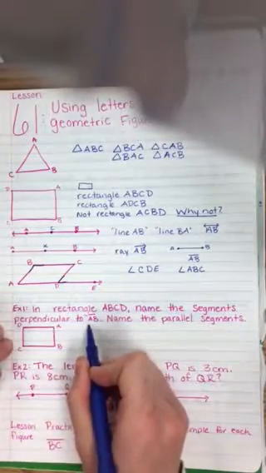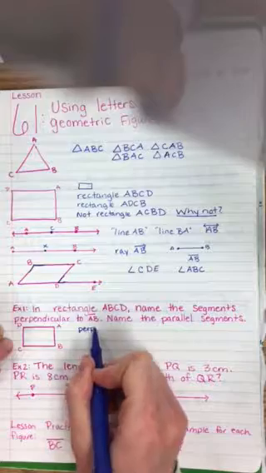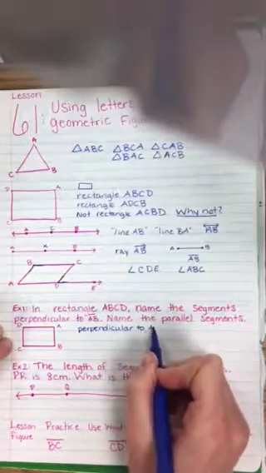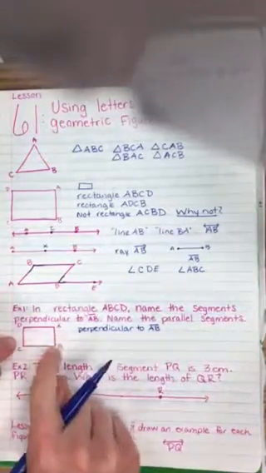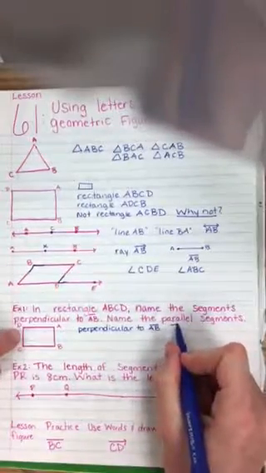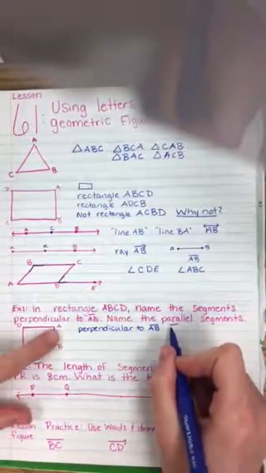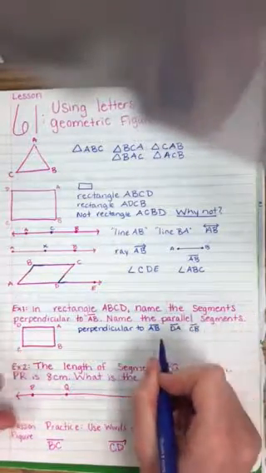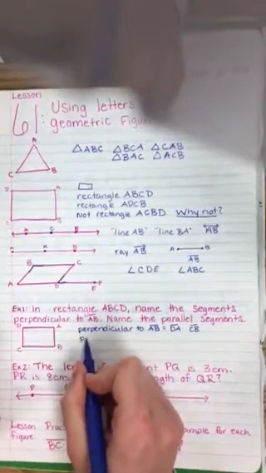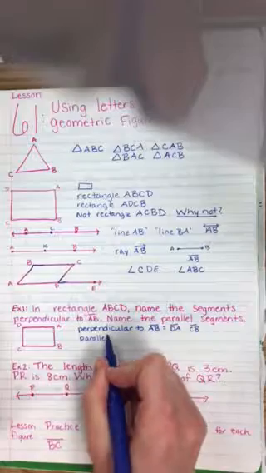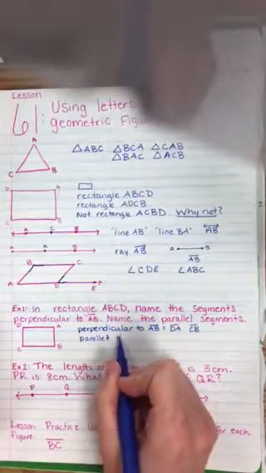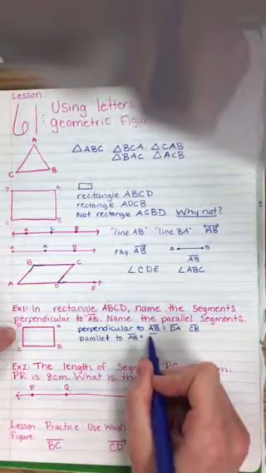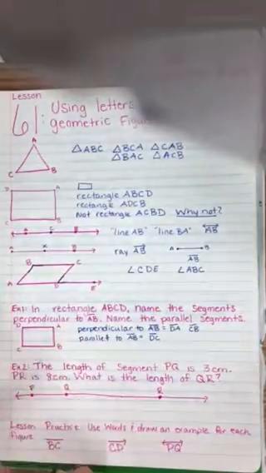So perpendicular to line AB could be line DA or line CB, okay? And parallel to AB is line segment DC. There's only one because they're parallel, right?